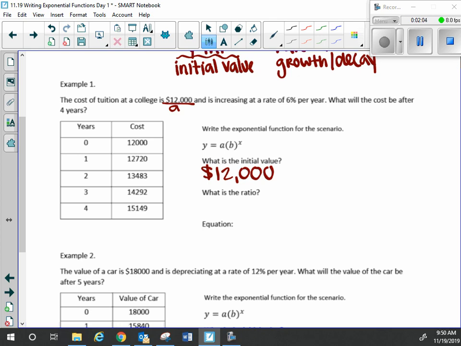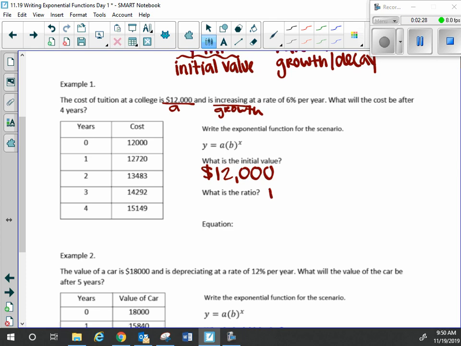What do I know about the rate? Is it growth or is it decay? It's growth. You're increasing. So my value should get larger, right? So here's the deal with percentages. When you have a percent, you need to decide, first of all, is it growth or decay? We decided it was growth.